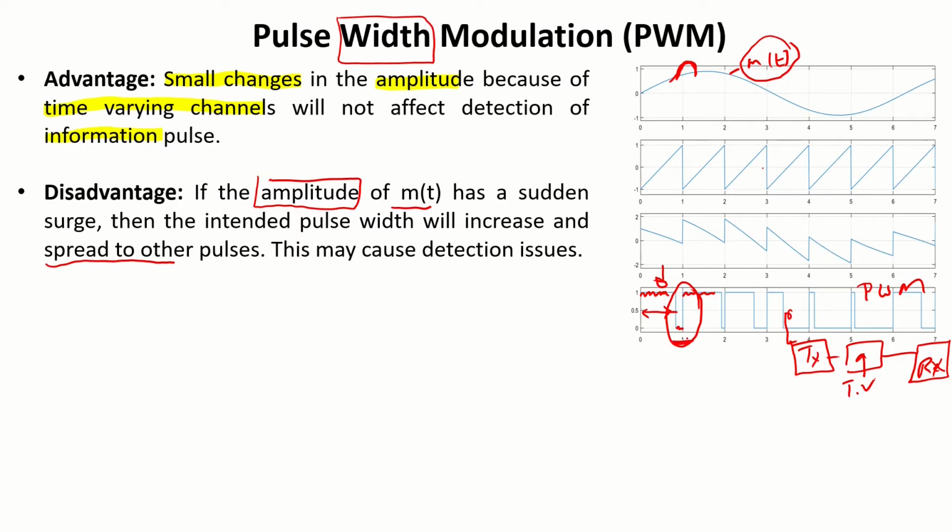So there will not be any specific distinguishing point. Because of a surge, this pulse may have an effect on its successive pulses, which would lead to some difficulty in the reception.